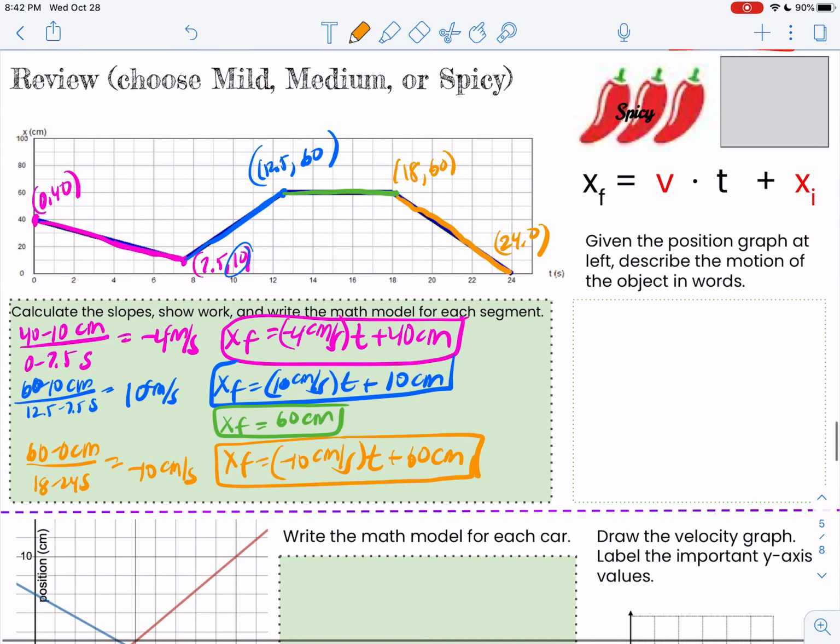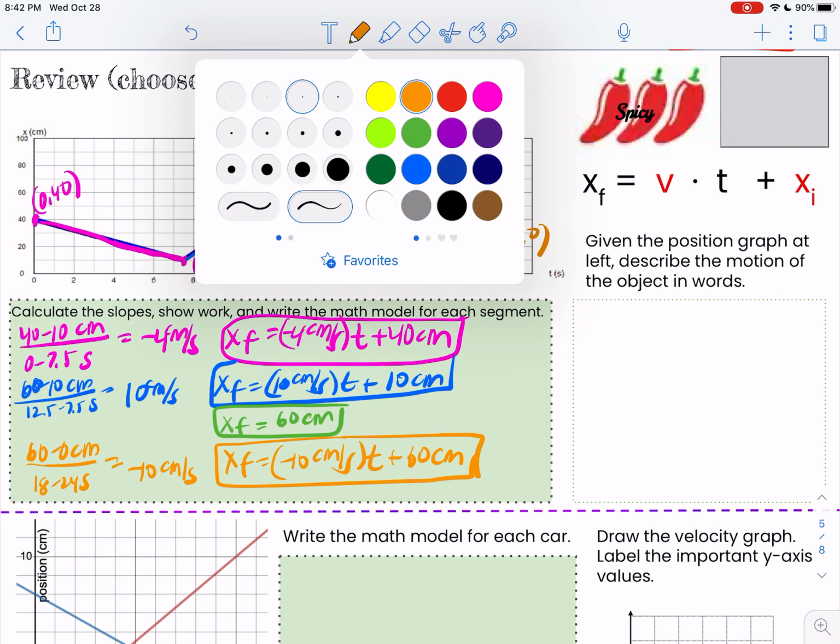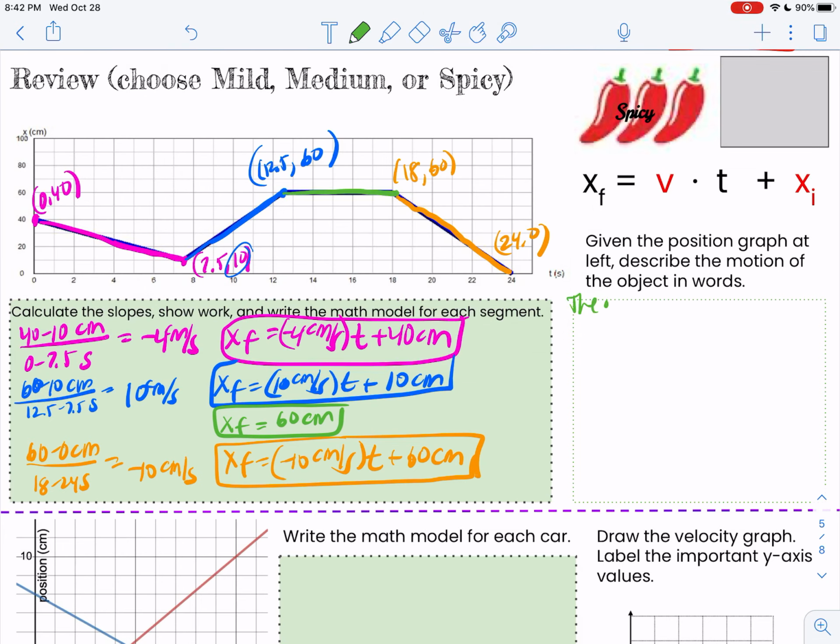Okay, given the position graph, describe the motion. Okay, the object starts at 40 centimeters. Okay, then moves, I'm just going to say at a velocity of negative 4 centimeters per second for 7.5 seconds.